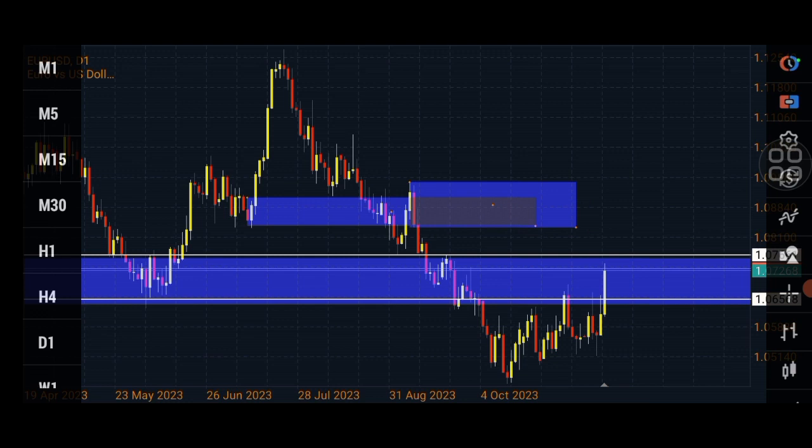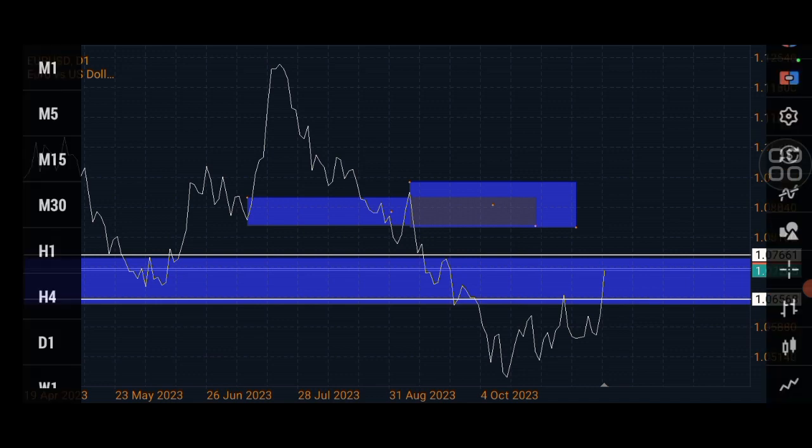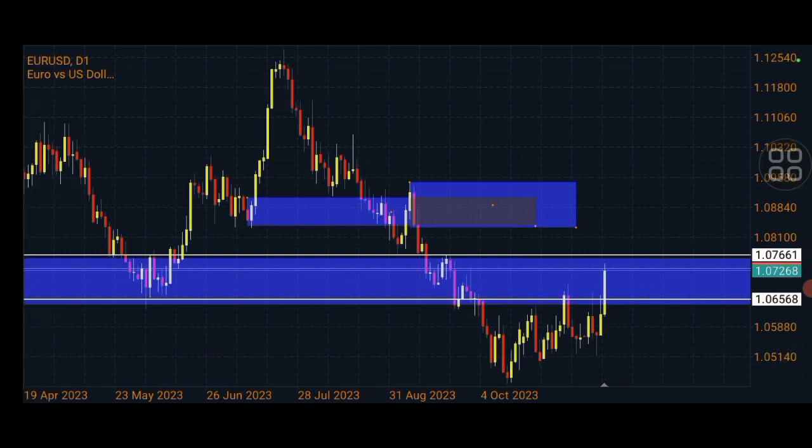Sometimes I also use line chart to understand certain things.